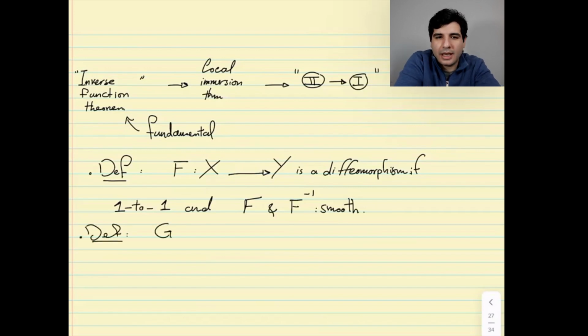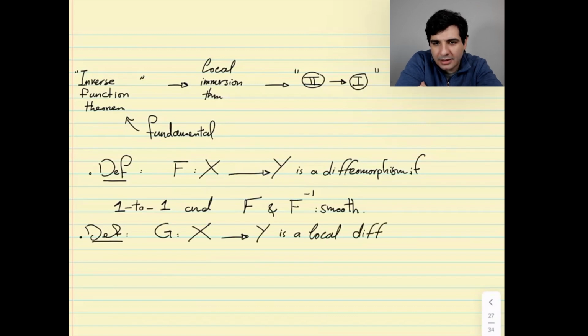So suppose G, again, is a smooth map between two smooth manifolds X and Y. We say it's a local diffeomorphism at a point X. Say we have a point X in the domain, and let's say Y is G of X in the target.